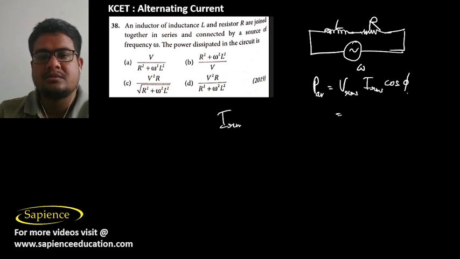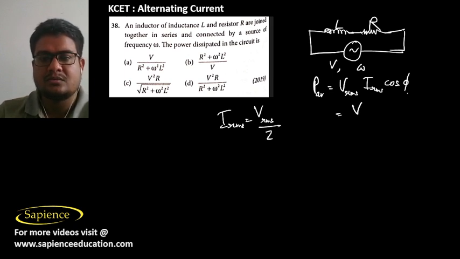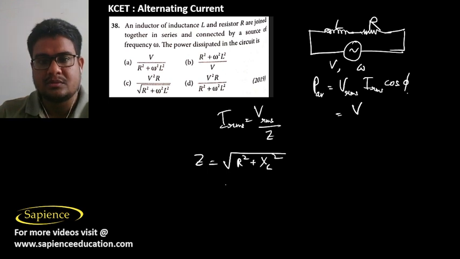I can write IRMS as V by Z, where Z is equal to square root of R square plus XL square.